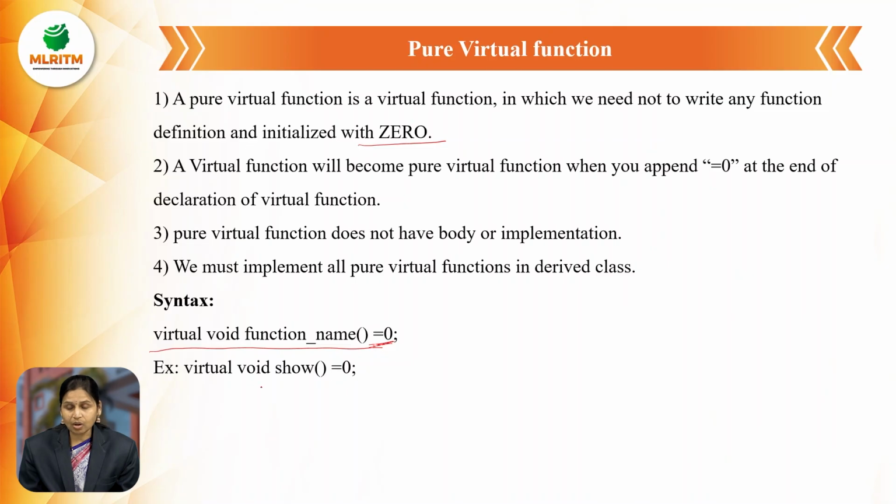A virtual function becomes a pure virtual function when you append equal to 0. Without equal to 0, it is called a virtual function. The pure virtual function does not have a body or implementation; it is implemented in the derived classes.